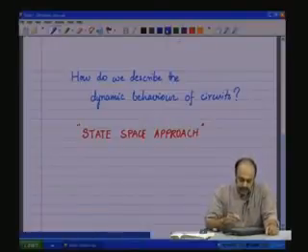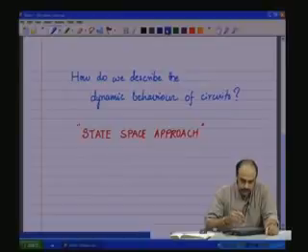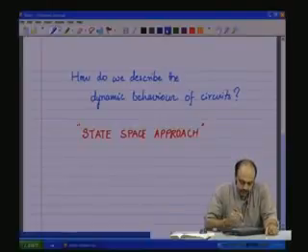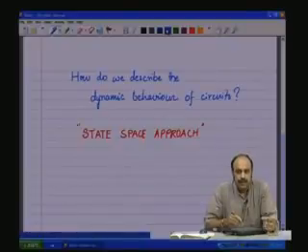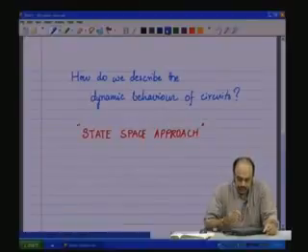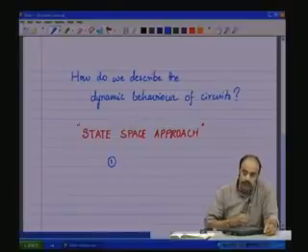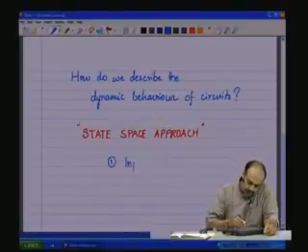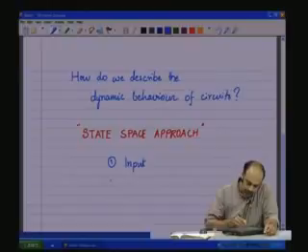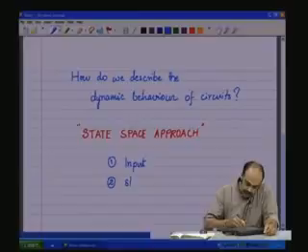So, in the state space approach, the behavior of the system at any given instant is fully defined by two main variables. One is the input and the other is the state variables.